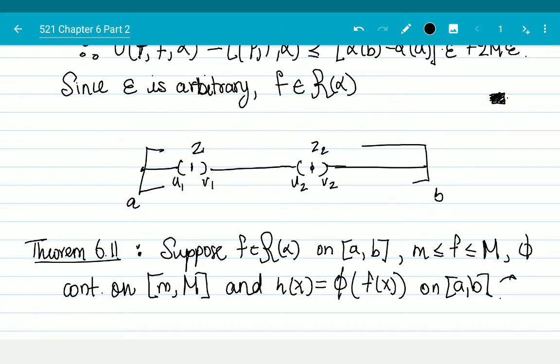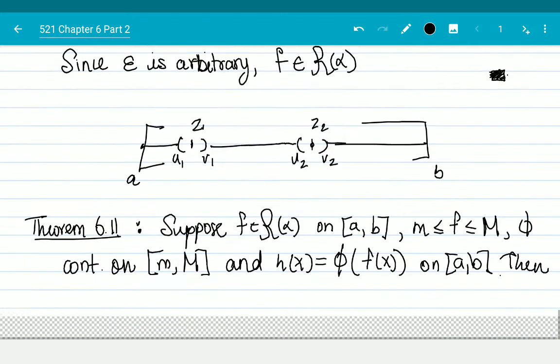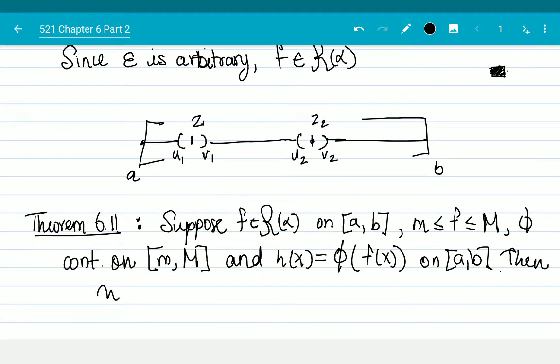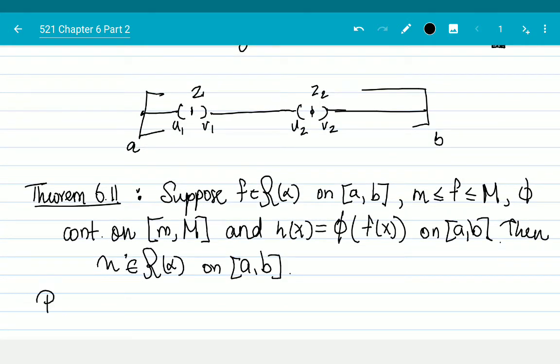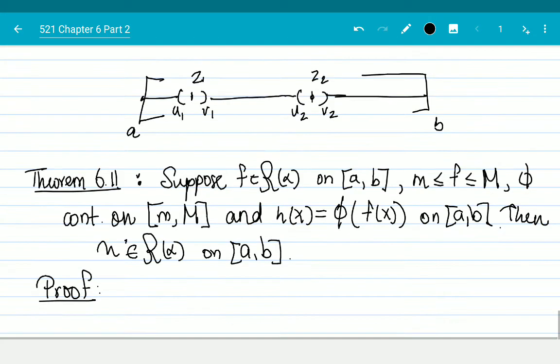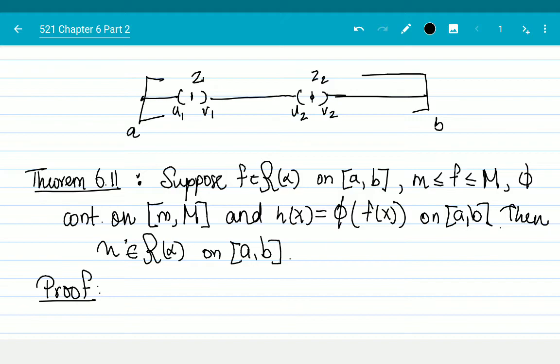Then, in fact, h of x belongs to R alpha on AB. Okay, proof. Unlike the previous three theorems, which were drawing conditions for f, when can I show f belongs to R alpha on AB?